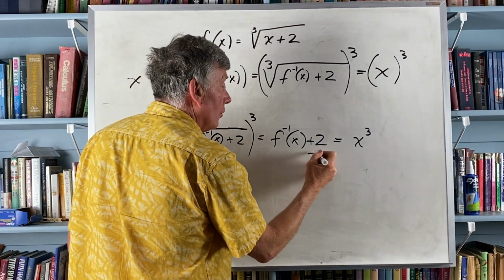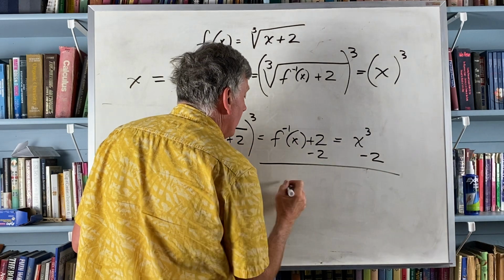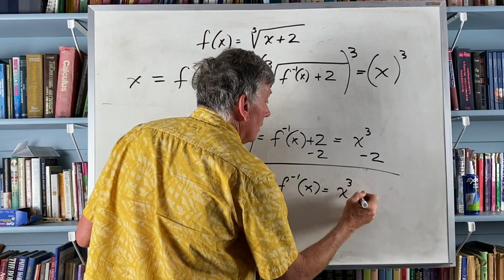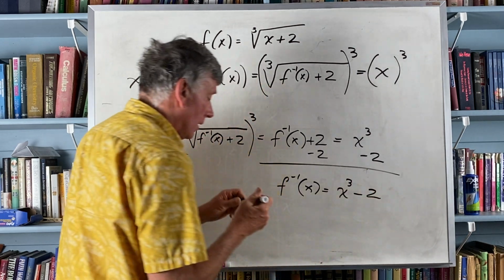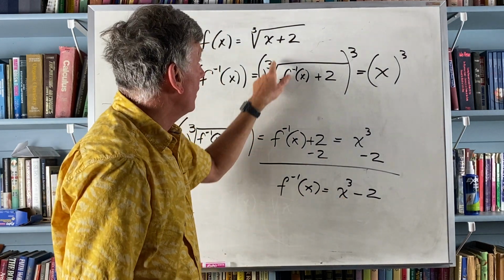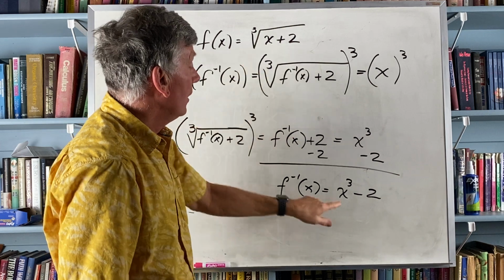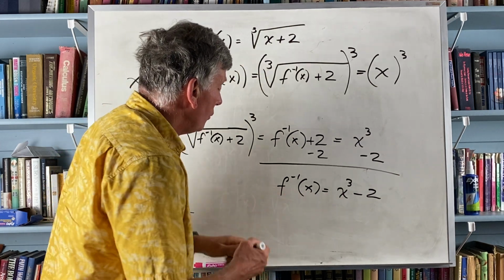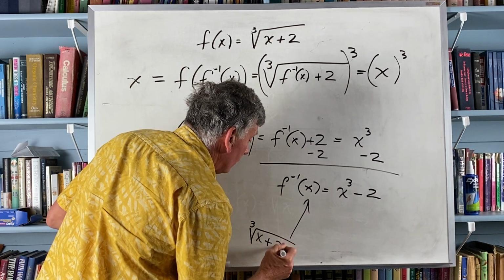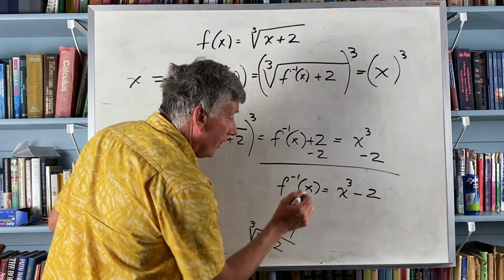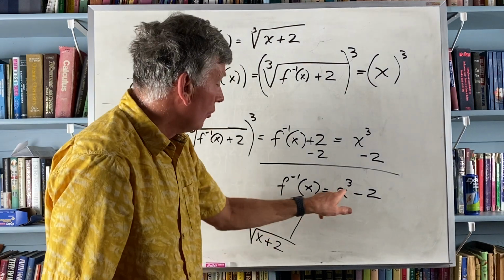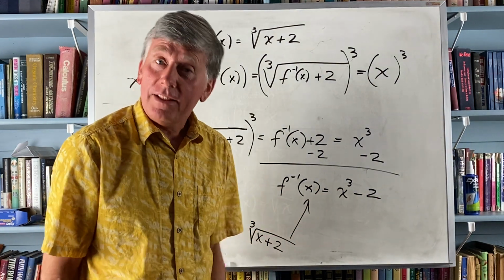Let's just subtract 2 from both sides. f inverse of x is equal to x cubed minus 2. If you put f of x, the cube root of x plus 2, into here, you're going to get x, because we're going to cube this and then subtract 2, and that's all we have left to do.